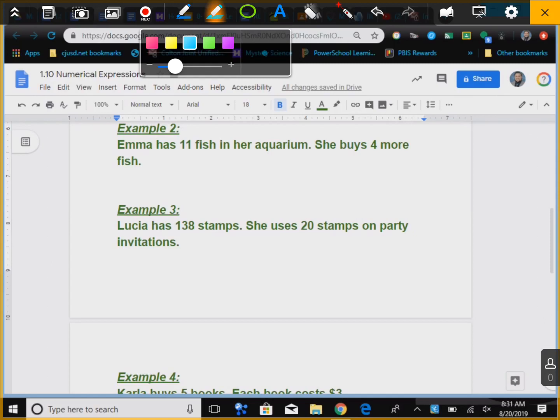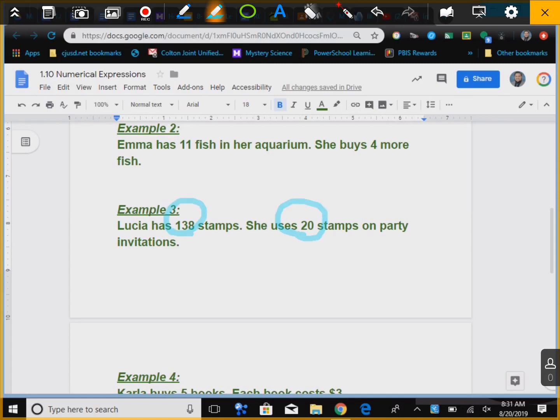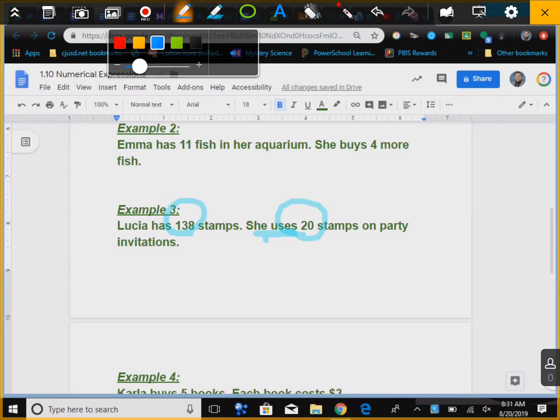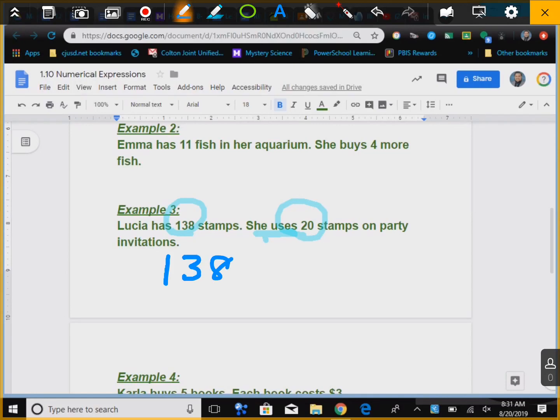That's the first number I should circle or highlight. She uses 20 stamps on party invitations. So the key word here is "uses." She uses 20 of them. So that tells me she had 138, she uses 20, which means she has to subtract that from what she already had. And that's what it's going to be.